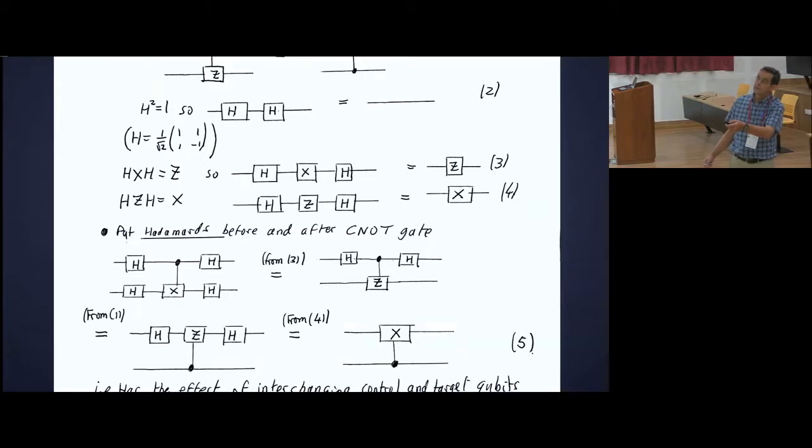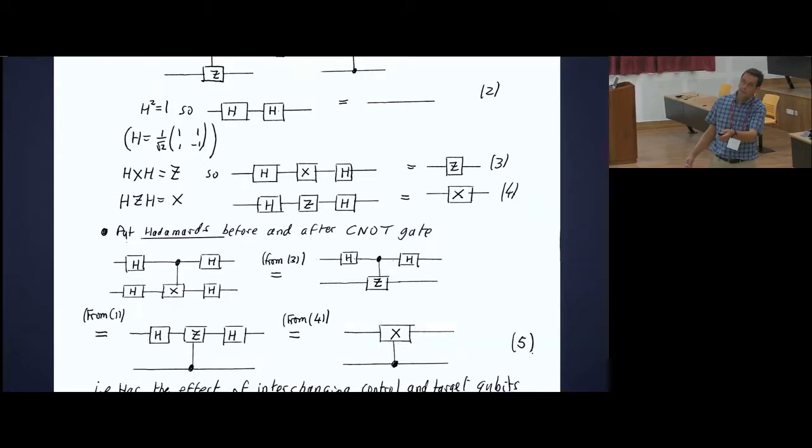So the control Z is symmetric, so I can put the Z at the other end. And then what is HZH? Well, we already had that from one of these formulae up above.